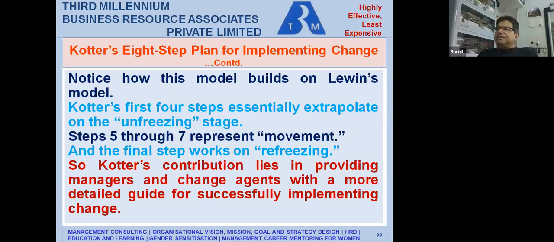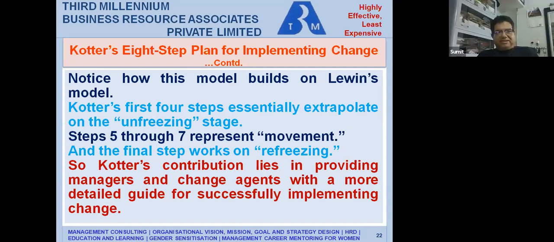The first 4 steps, if you carefully go through, you will see that they are essentially detailing of, or extrapolation on, the unfreezing stage. Steps 5 to 7 are the movement stage, the change stage. And step 8 is talking of refreezing.